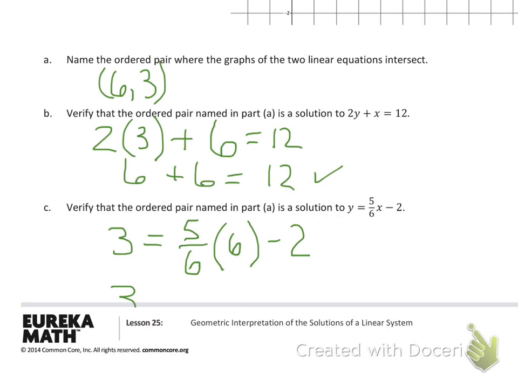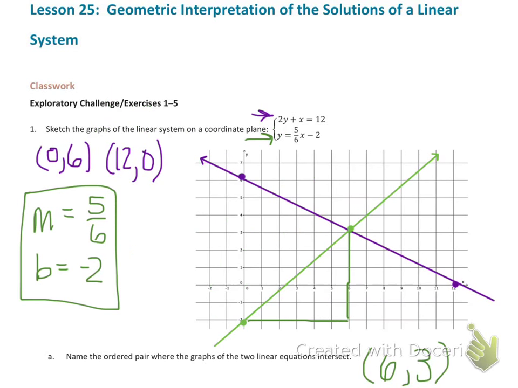Okay, so we've got 3 is equal to, now 5/6 times 6, the 6 over 6 is 1, so this just becomes 5 and then minus 2, which I can tell is 3. So 3 equals 3, so this ordered pair 6, 3 is a solution to both of our equations. And so we found that by graphing it.